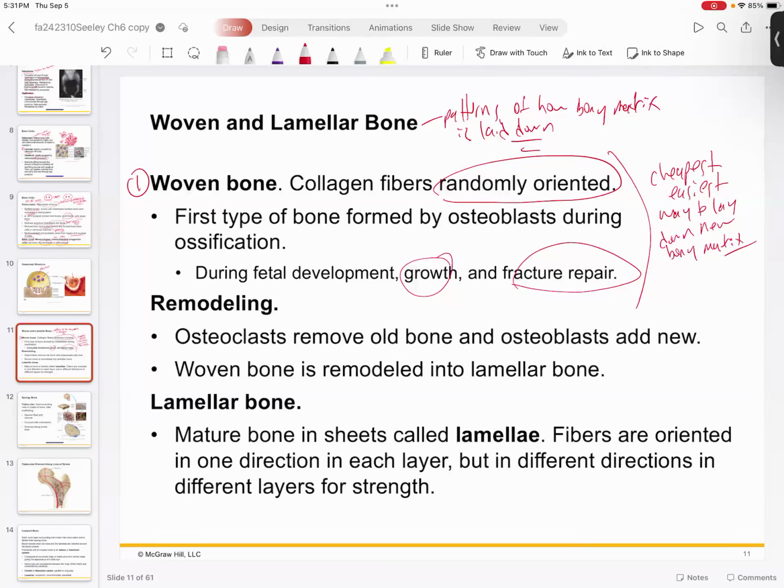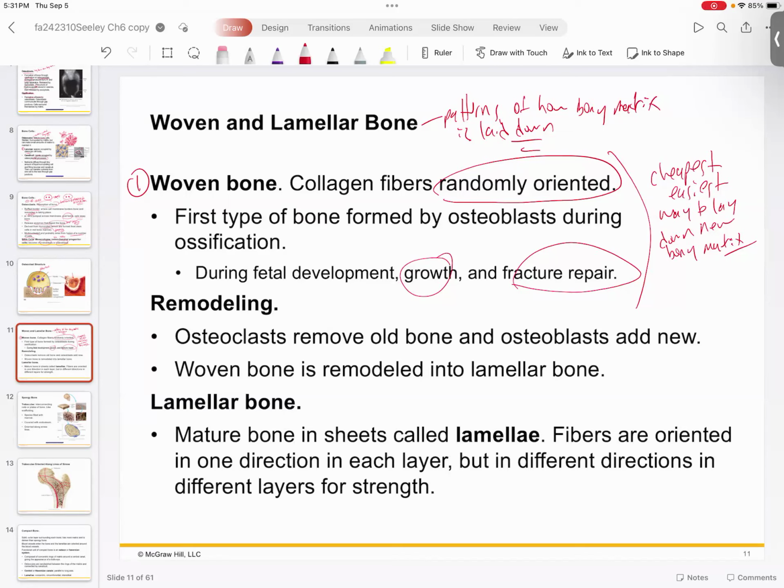You want to do that because, especially during fracture repair, it's important to start laying down some kind of matrix. You don't care if it's perfect just yet. You just want to put something down. So it's cheap and easy. It's not the gold standard. It's just a way to get it started.